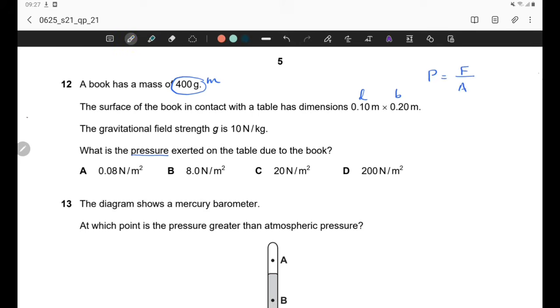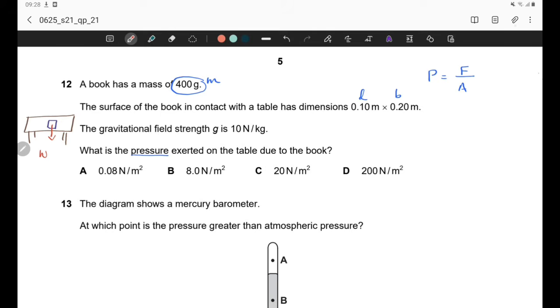So in this question we have a table, and on the table a book is in contact. So a book has been kept on the table. We need to check what is the pressure acting on this table by this book. For that we can use the equation. The pressure will be the force acting on the table by the book over the area of contact of the book and table. First we can check what is the force acting on the table by the book. That is nothing but the weight of the book.